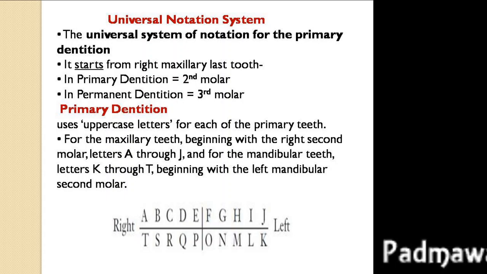Now it continues with the mandibular left second primary molar: K for second molar, L for first molar, M for canine, N for lateral incisor, O for central incisor. Then on the right side, P for central incisor, Q for lateral incisor, R for canine, S for first molar, and T for the last, the second primary molar. Here, if you don't draw the lines, it will be confusing.